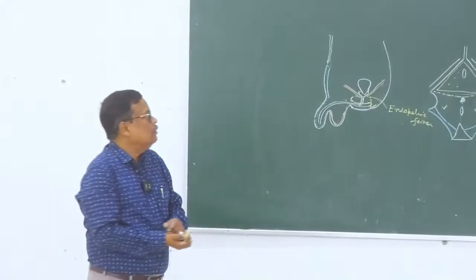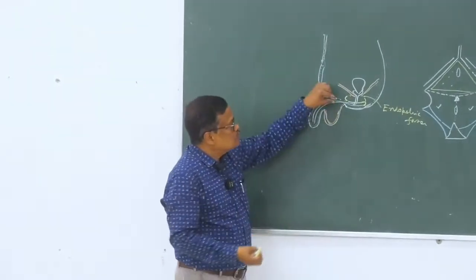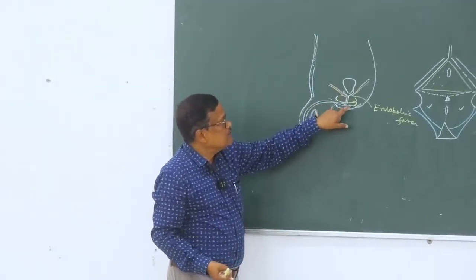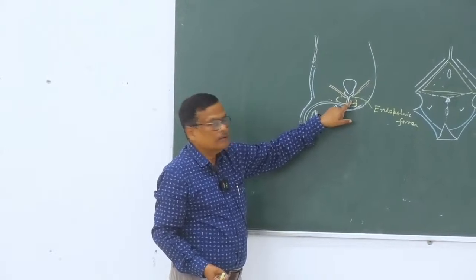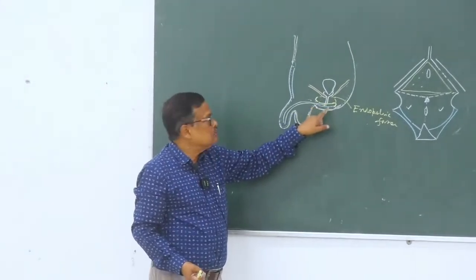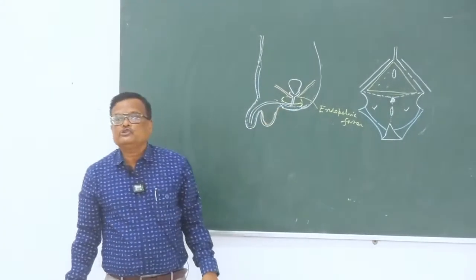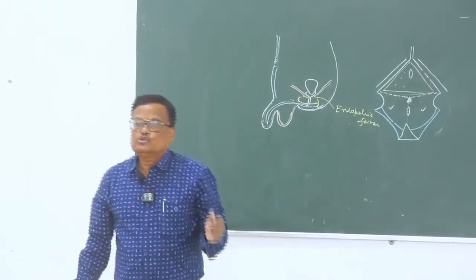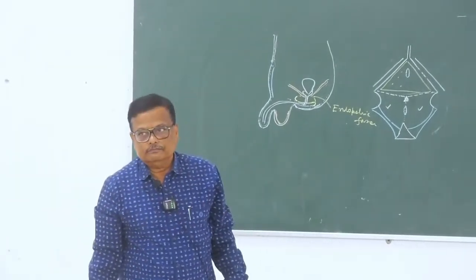So you definitely look, there are two spaces. One is here, one is here. This lower space we call the superficial perineal space or superficial perineal pouch.